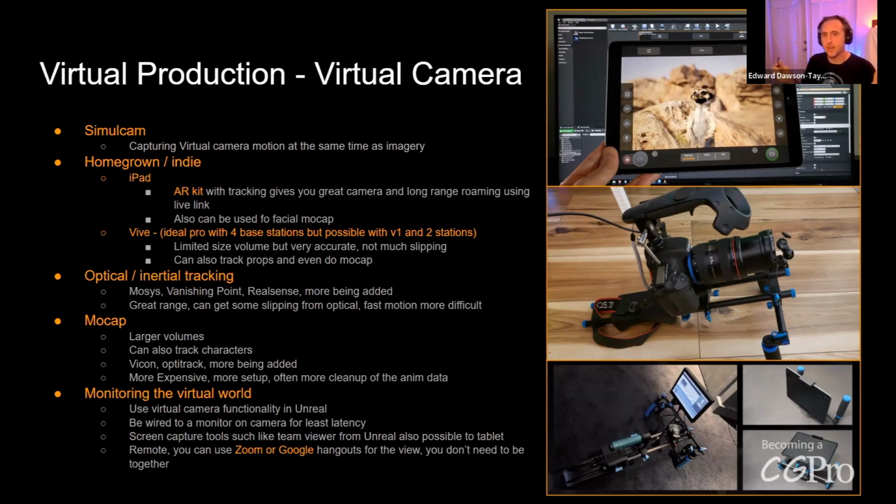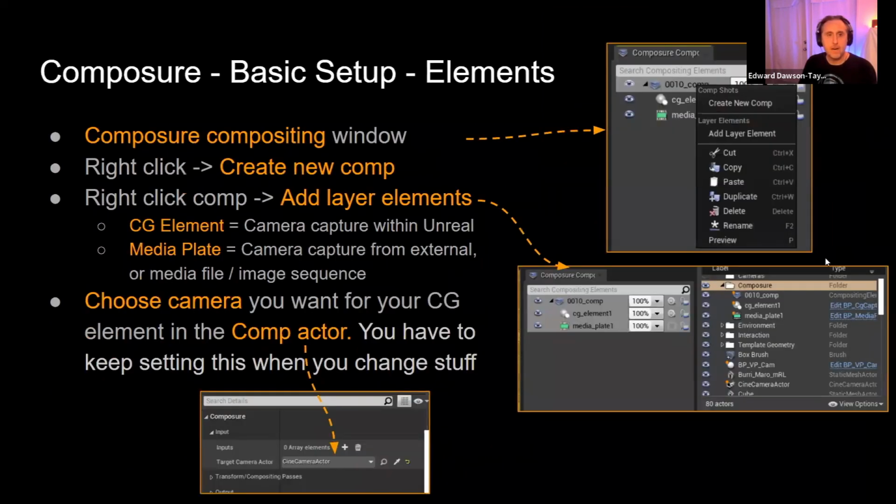You also may be thinking at this point about getting people in mocap suits and doing action. So some of those ideas are what you're going to be thinking about, whether it's full CG or live action integration. Composure is Unreal's first attempt at trying to composite in Unreal Engine.